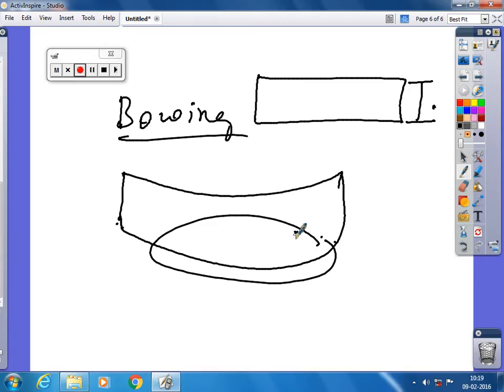What do you mean by spiral? Twisting. When the warping takes place in the spiral form in the longitudinal direction, then it is called twisting.